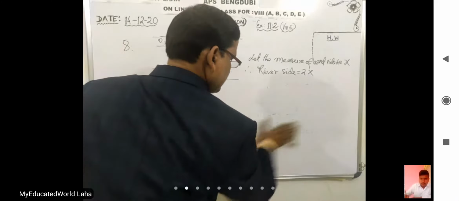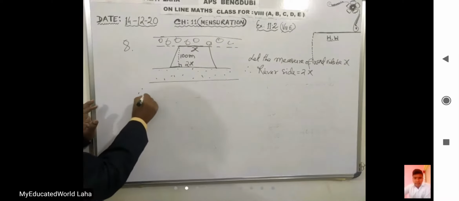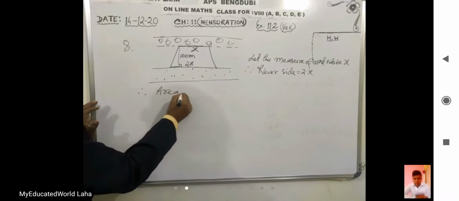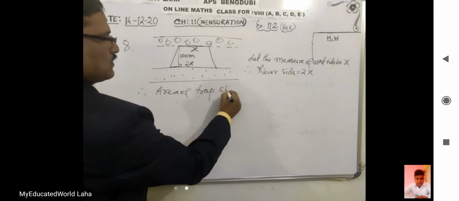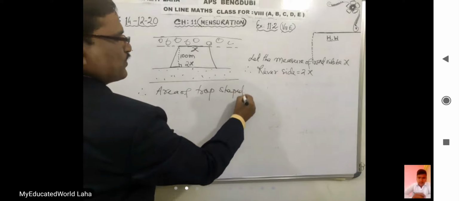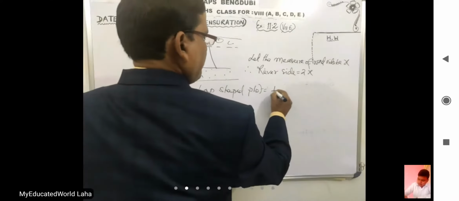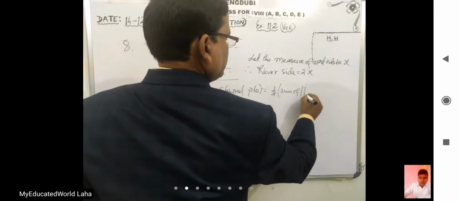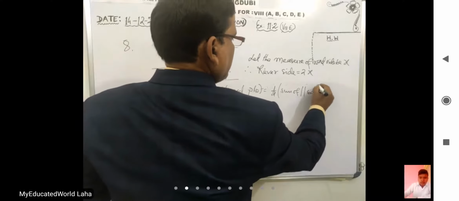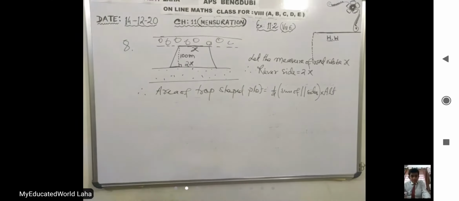So, therefore, the area of the trapezium shaped plot is equal to half the sum of parallel sides into altitude. Altitude or height, same thing. Altitude and height are the same thing.